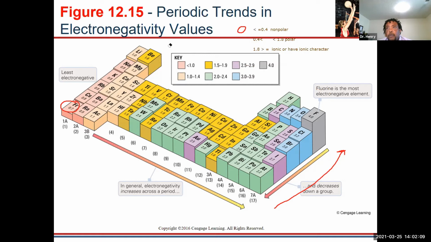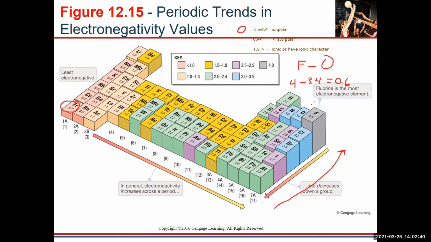So what we would do is take the numbers. Let's say we're looking at a bond between fluorine and oxygen. You take the one who has the higher value. Fluorine has a 4.0 value. We subtract the value of oxygen, 3.4. And what do we get? 0.4.